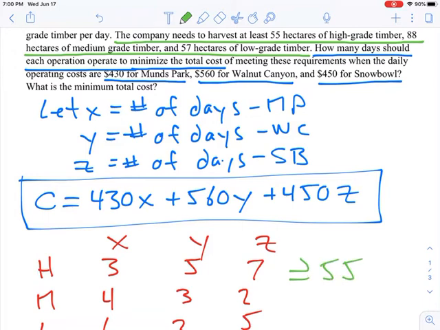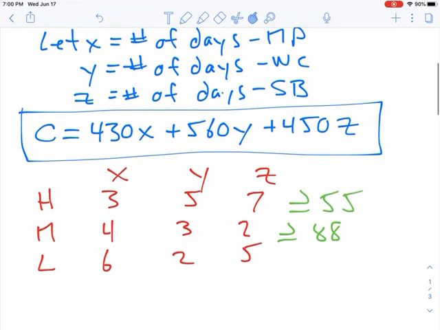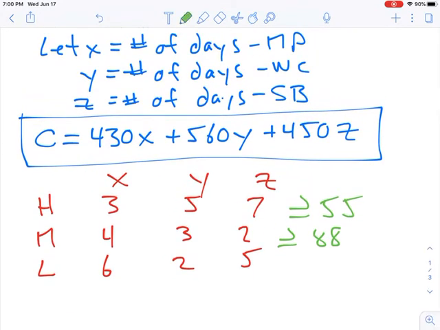At least 88 hectares of medium, so greater than or equal to 88, and 57 for low grade. And so we just put our variables in here, X, Y, and Z, and put our little plus signs in there. And voila, we have our three constraints.